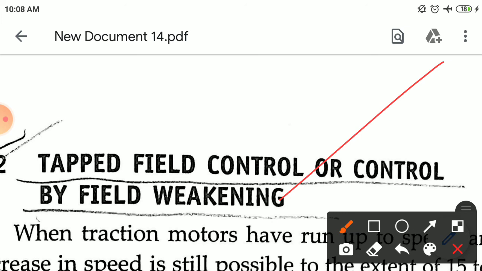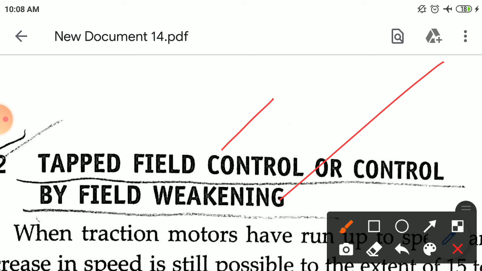For instance, for city services, low speed with frequent starting and stopping is required, so there you can use field weakening methods to control. The equipment can operate with a full field, and the same vehicle can be used for suburban and interurban lines. That is why this is the most common type of control method used for controlling traction motors.